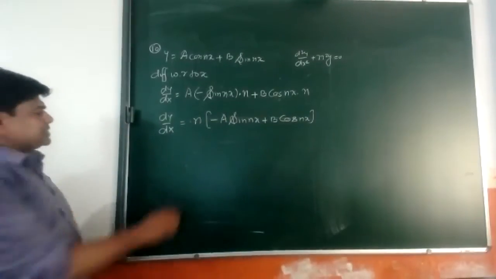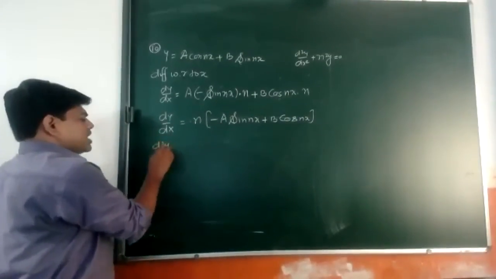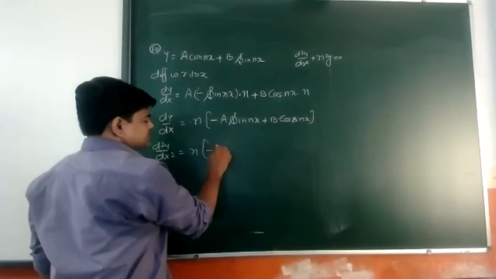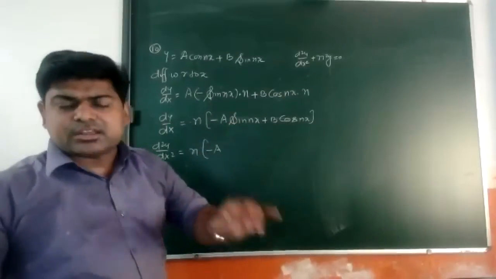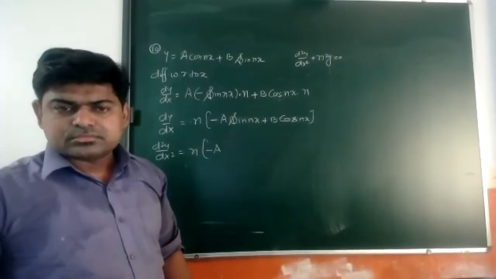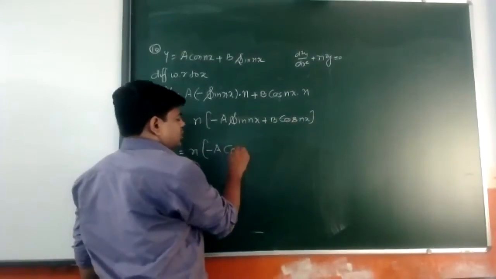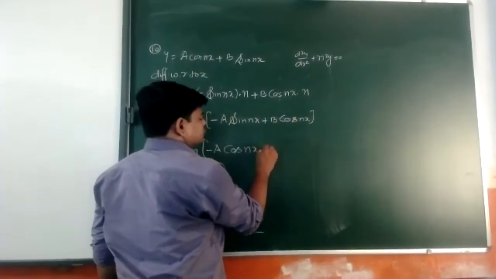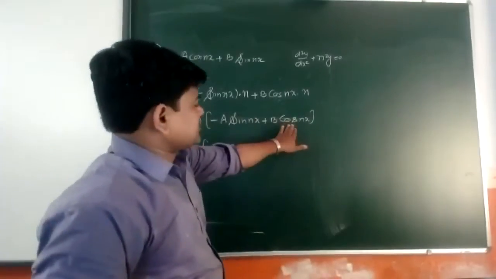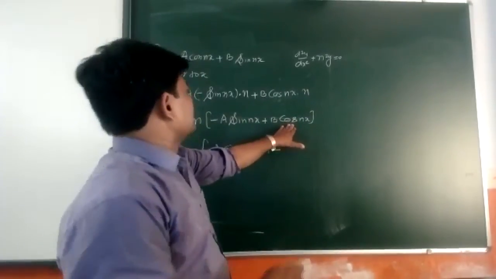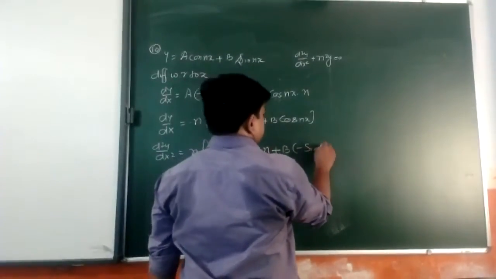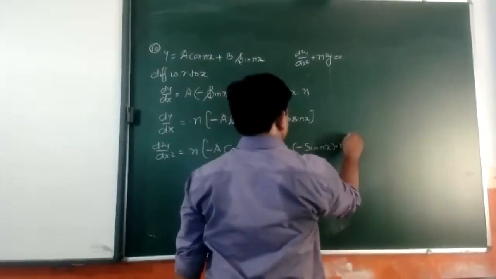Now, once again we will differentiate it. Then I have d2y by dx square is equal to n times minus a. The differentiation of sin nx will be cos nx into n, so I can write here cos nx into n, plus, actually differentiation of cos will be with negative sign, so I write minus sin nx into n.